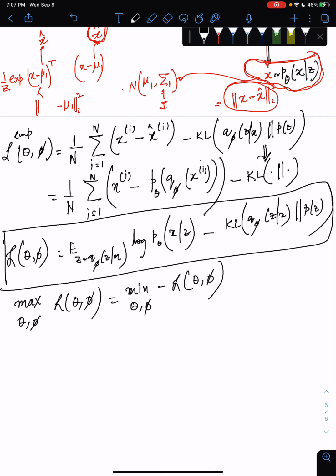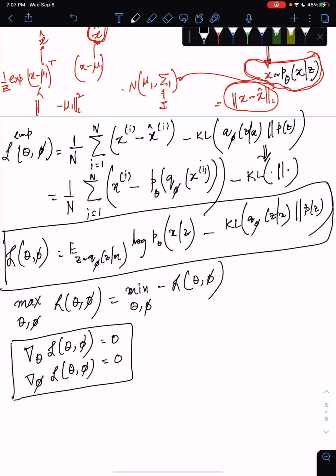So we need to calculate the gradient with respect to these two sets of parameters, set it to 0, and do the estimation.